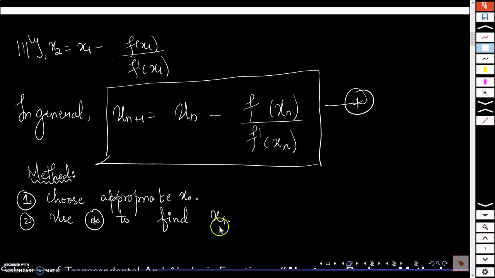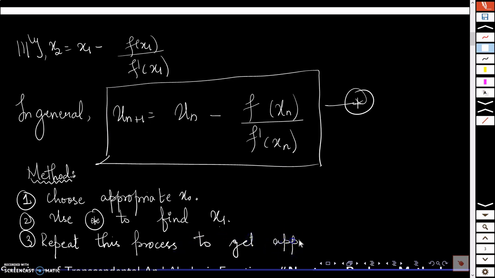Okay, so x1 will be the first approximate root, and then you can repeat this process to get approximate root as per the desired accuracy level.